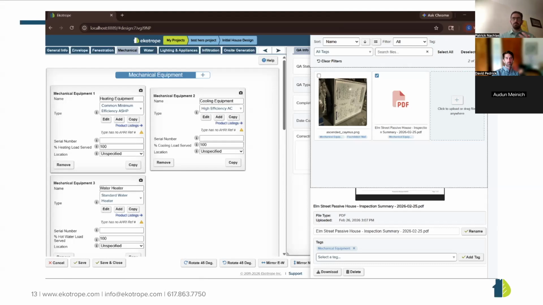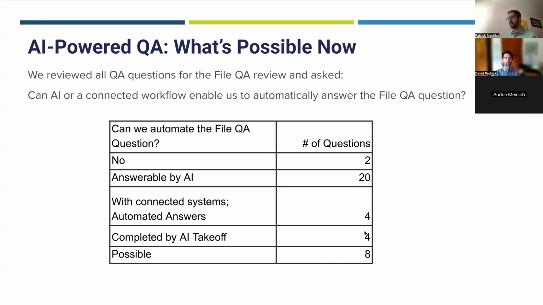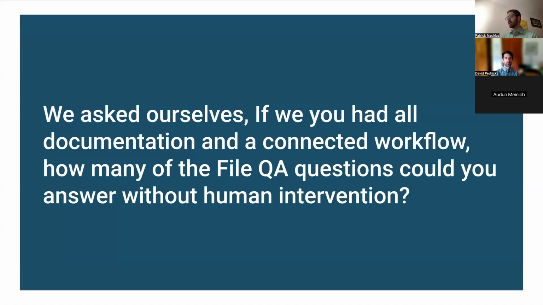So we ran through a thought experiment, and this is actually from a presentation that David and I did at the RESNET conference. We asked ourselves, if we had all the documentation and a connected workflow, how many file QA questions could you answer basically without human intervention?